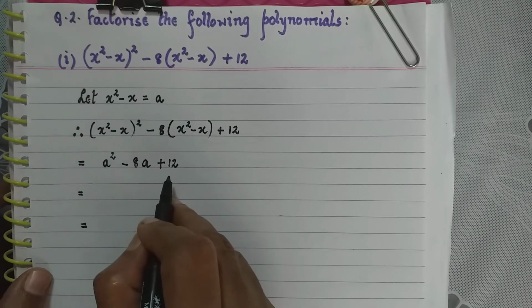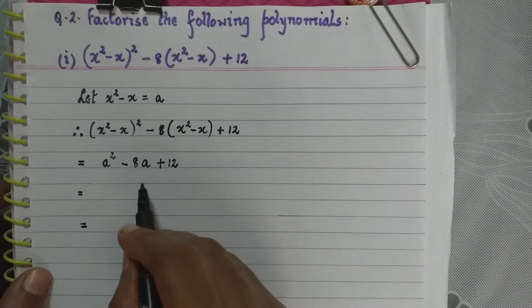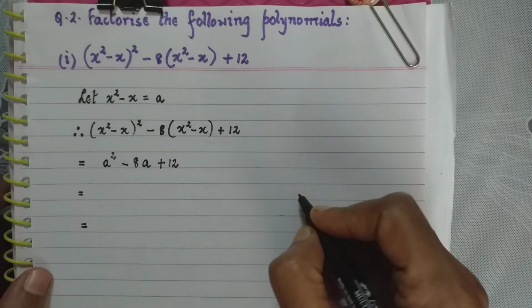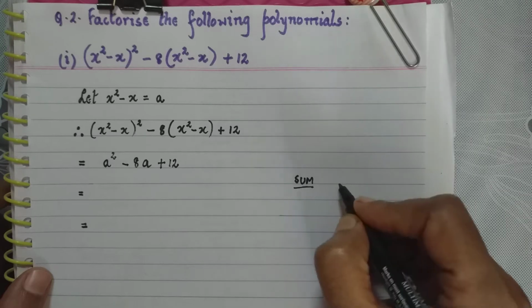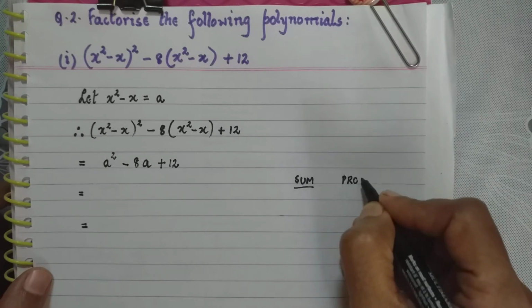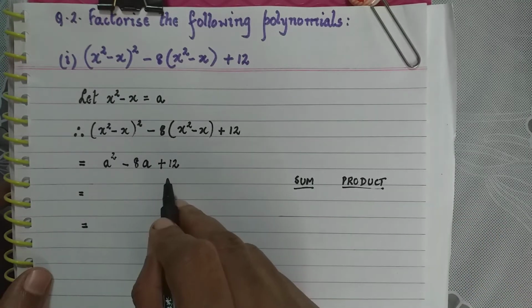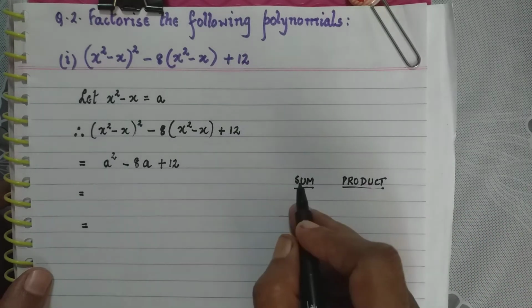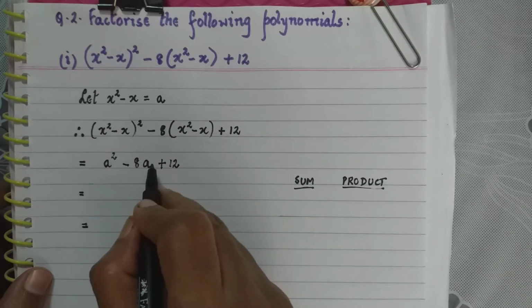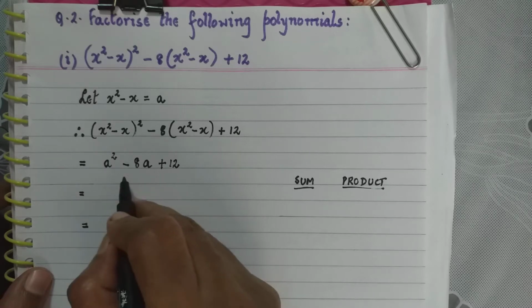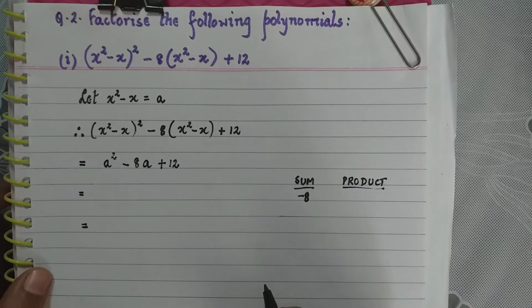So to factorize this further, what can we do? We can find the sum and product in this trinomial. So we write here sum and product. We write this so that we find out which numbers we have to find for sum and product. Now sum is the coefficient of the variable to the power 1, that is minus 8. So sum is minus 8.